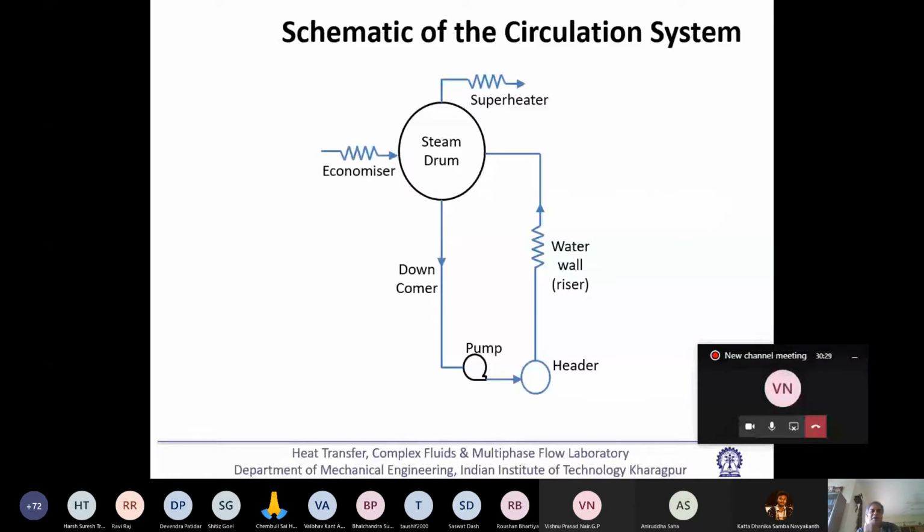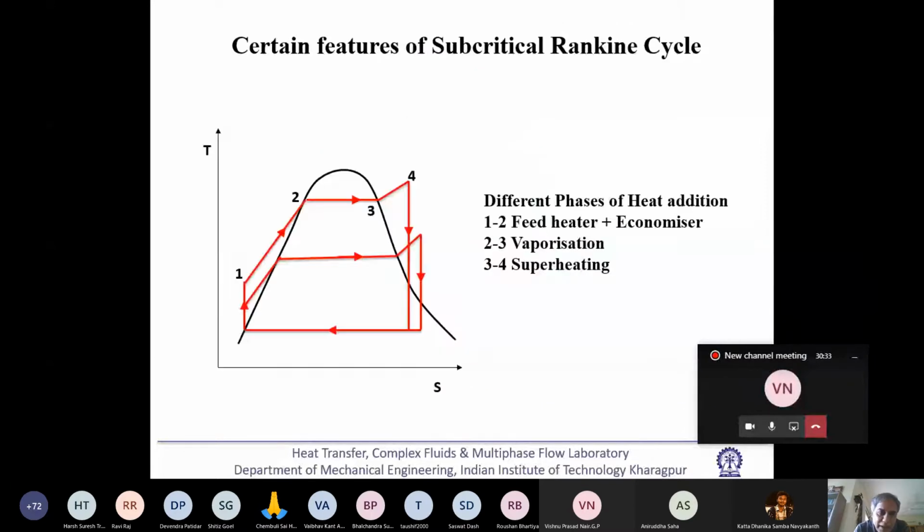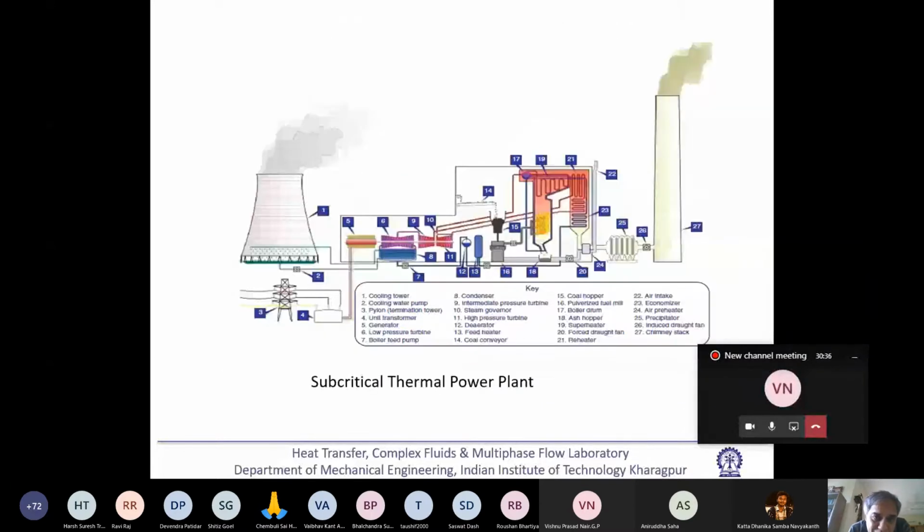Now you see, let me go back. Something I wanted to explain over here, but the figure was too congested to explain. I have told that tubes are laid along the wall. This is called the water wall.